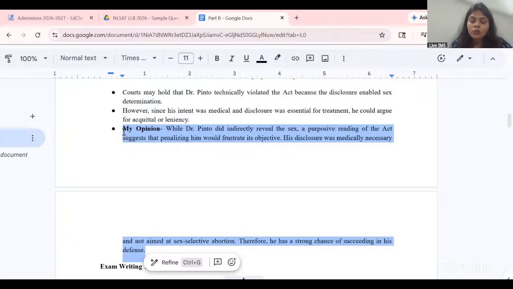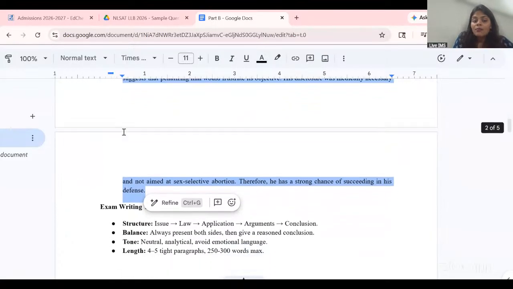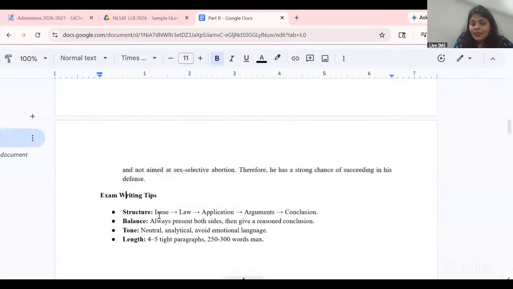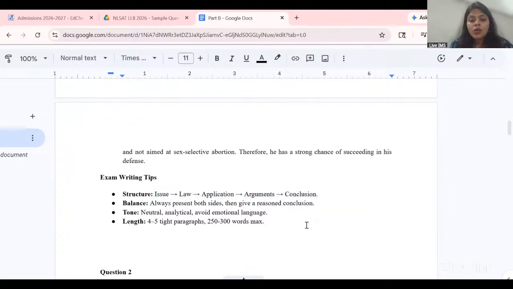You can think about arguments from both sides and then you can reach a conclusion. Right. So whenever you're writing, your answer should follow this structure: issue, law, application, argument, and conclusion. That is how you proceed with your answer. Always try to present arguments from both sides.